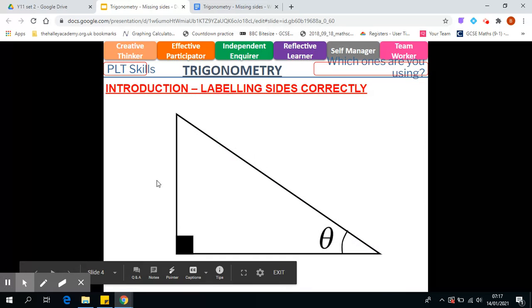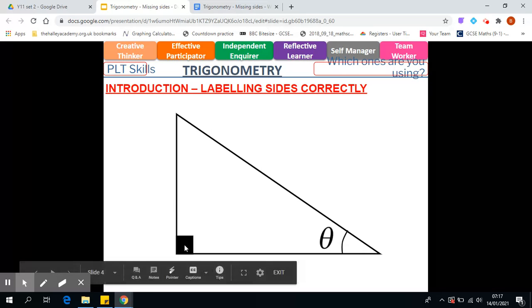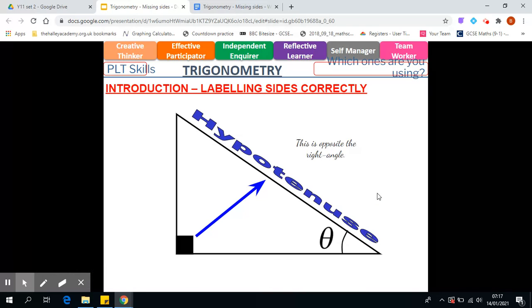Firstly, let's see how we label the sides in trigonometry. This is a right angle triangle, as noted by the 90 degrees angle with a small square sign. This angle is called theta. As we know, the side opposite to 90 degrees is the longest side and called hypotenuse.